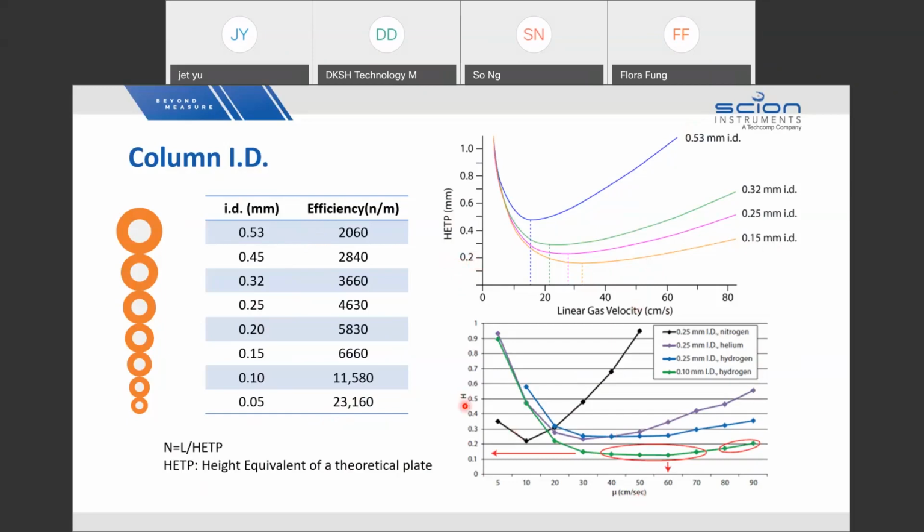This y-axis is also HETP, and this one is carrier gas, together with the ID. Carrier gas, I will explain more in later slides. So look at this.